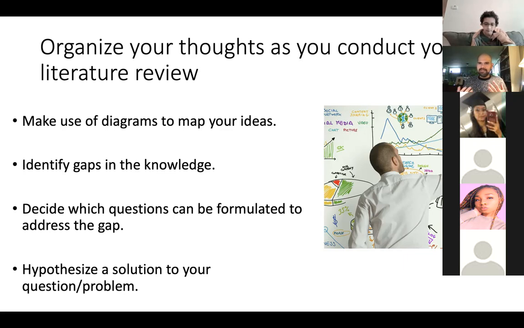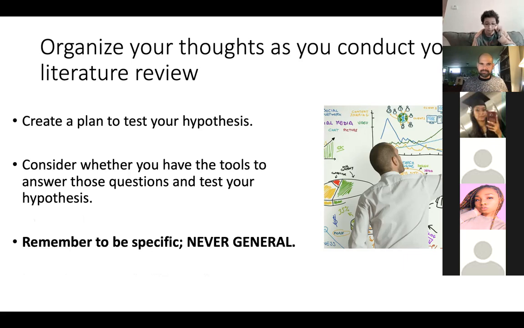So that kind of gives you ideas of what's missing, all right? And once you identify that, then you can start formulating questions to address that lack of knowledge. And also, of course, solutions to fill the gap in knowledge.